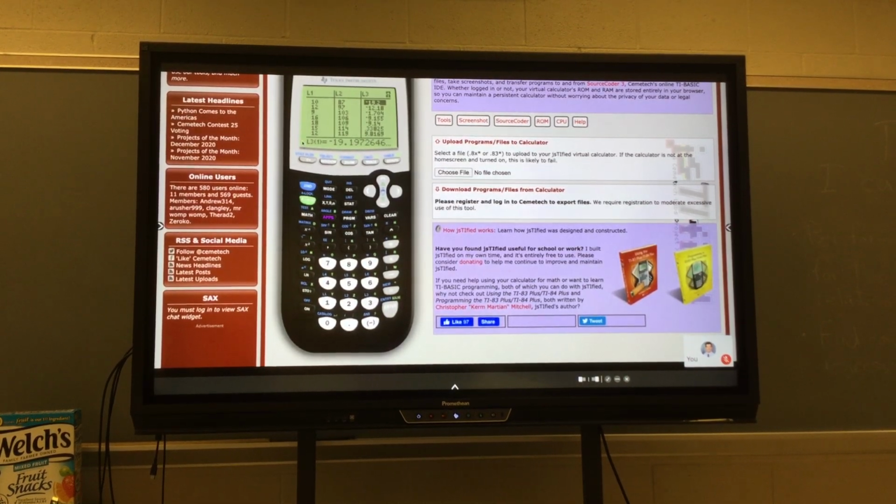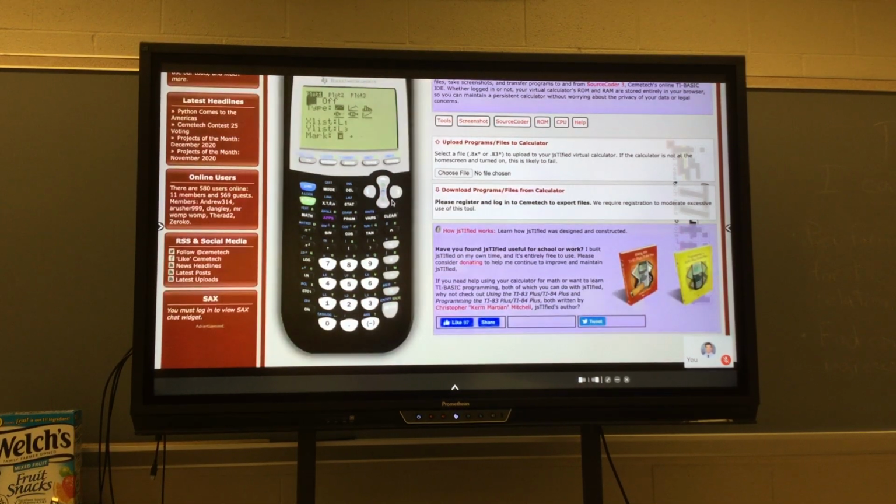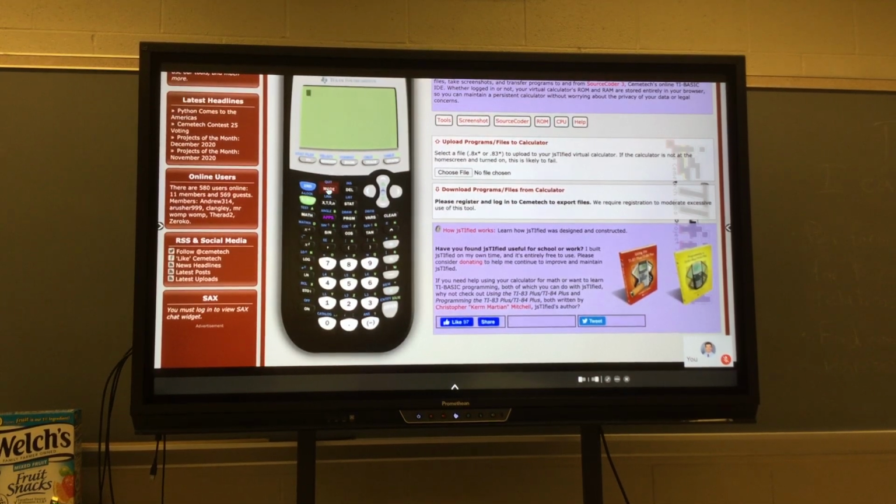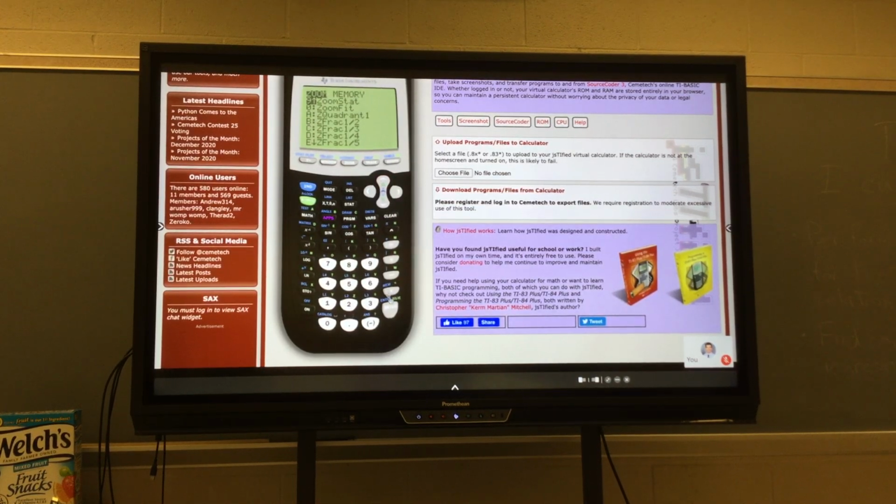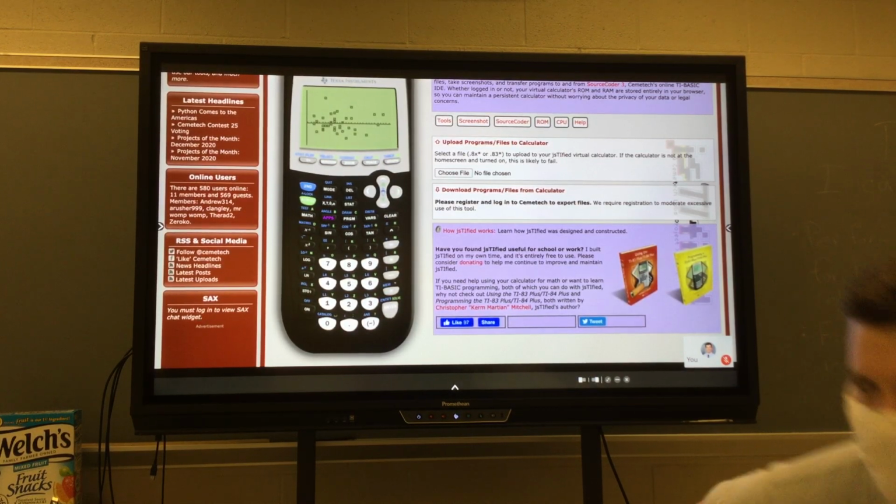So let's go second, stat plot, and just verify that we want a scatter plot. We want L3 as our y list, so second, and then the number 3 to get list 3. And then we're going to do zoom number 9. Zoom stat gives us a good window based off of the statistics we have in our lists. And here is our residual plot.